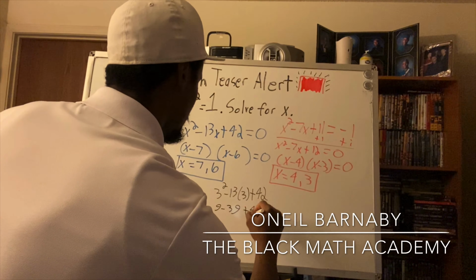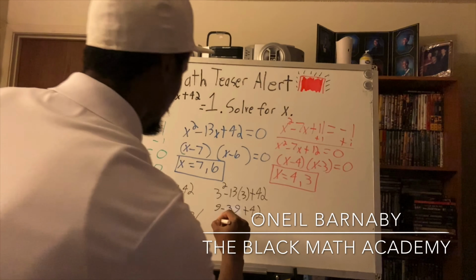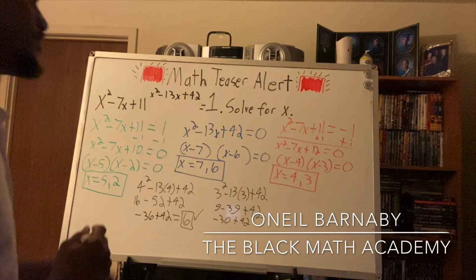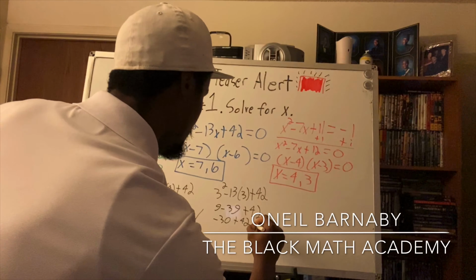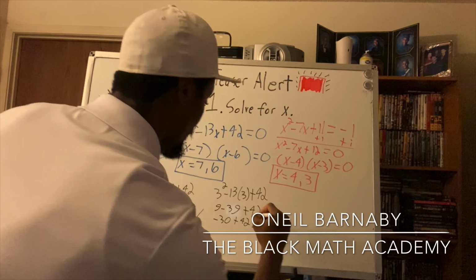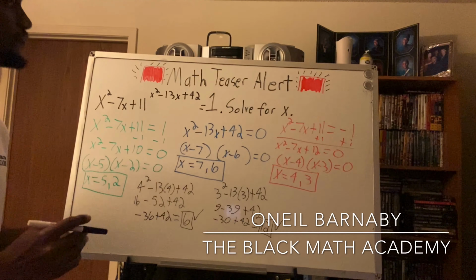And add 42 after. So 9 minus 39 is negative 30. And adding 42, negative 30 plus 42 is 12. Voila, another even number. So 3 works as well.